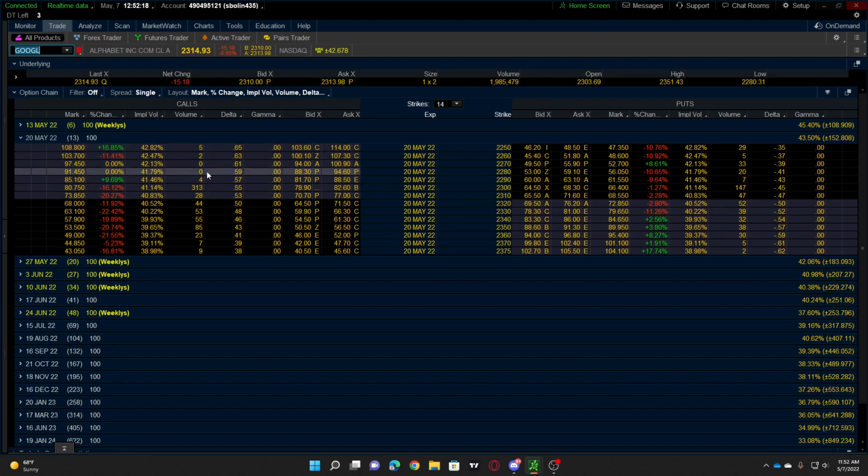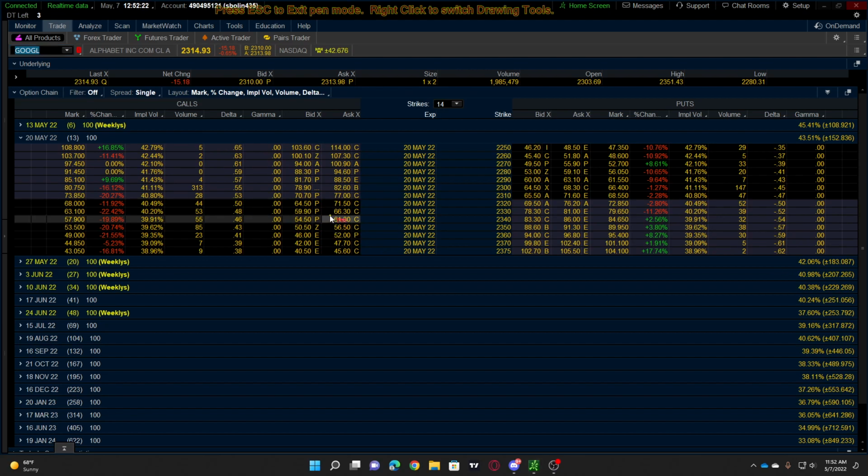So take for an example Google. The bid ask in here is really wide. We're looking at almost a $7 difference between the bid and the ask. If I'm very aggressive and I'm not trying to hit the midpoint, but instead I come straight in here and buy at 77, and I take all of the offers that are at 77, the next person is going to have to try to reach higher than that.